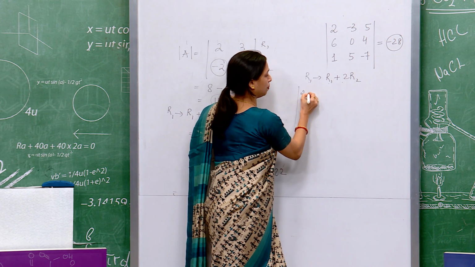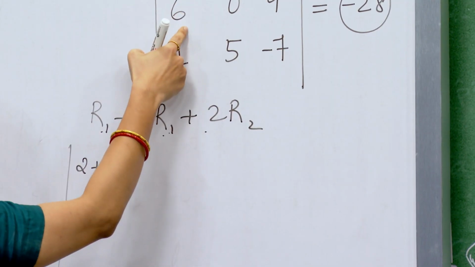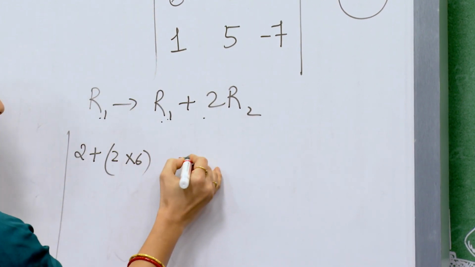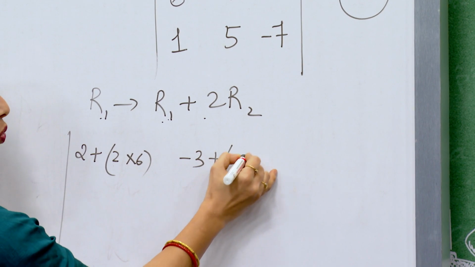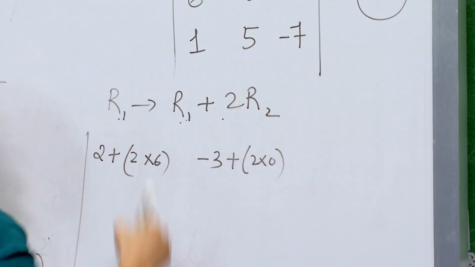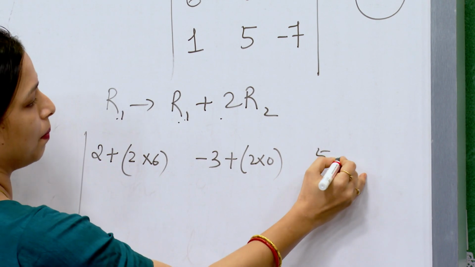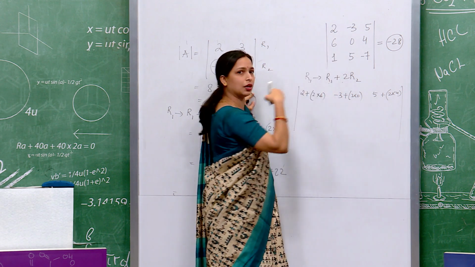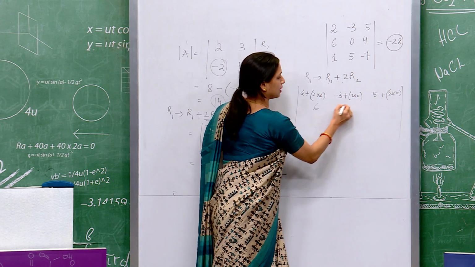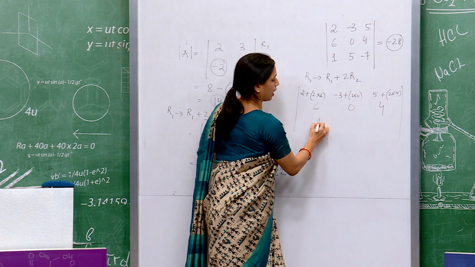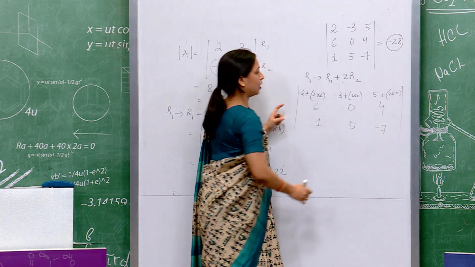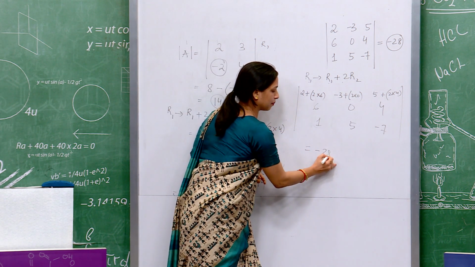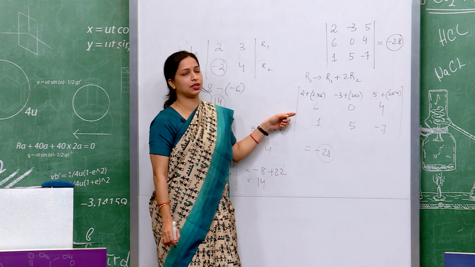So, that is 2 plus the corresponding row 2 element, that is 2 into 6, here again minus 3 plus 2 into 0, again here 5 plus 2 into 4, right, and the remaining elements remain the same. So, 6 0 4 1 5 minus 7. Now, remember, even if we use it in an order 3 determinant, the resultant will be the same. You may solve it and find out the result for yourself.